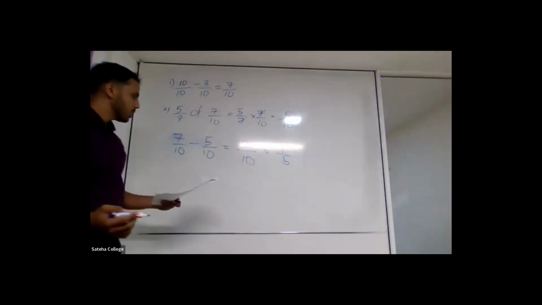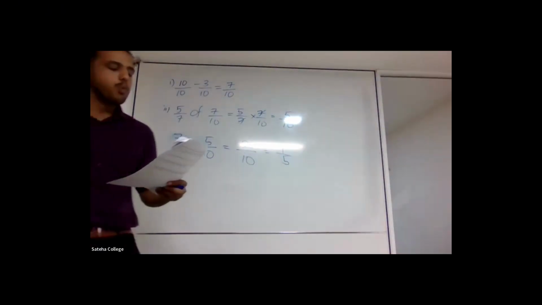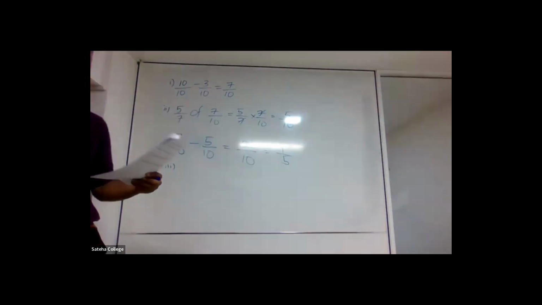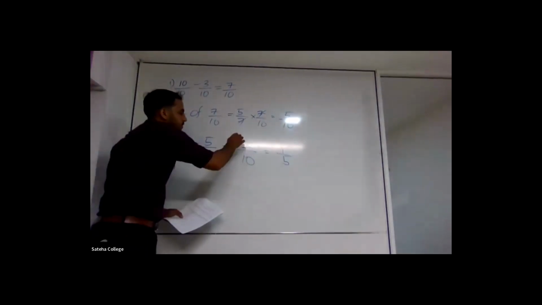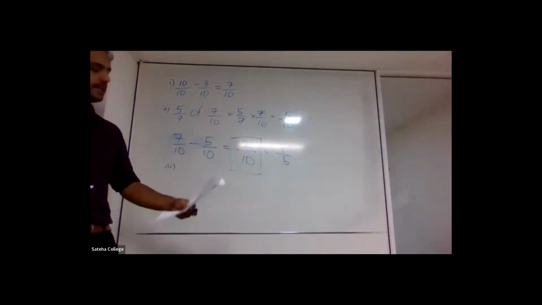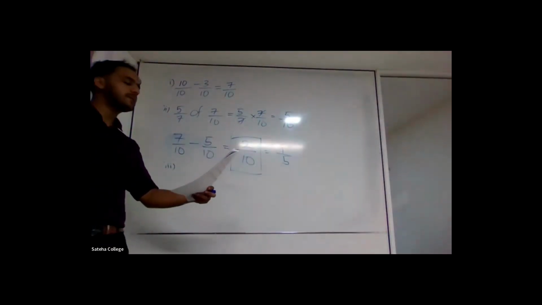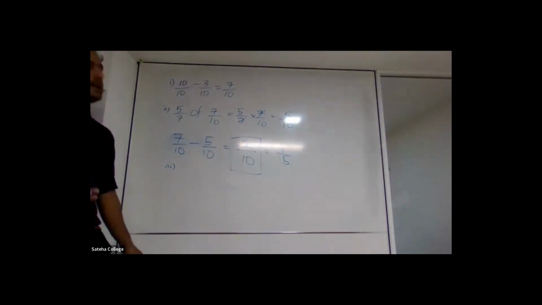Now the question, Roman number 3. More soft drinks was added to the amount of soft drinks in the container. Now, what is the amount of soft drinks in the container? 2 over 10 inside the container. More soft drinks is added until half of the container is filled.